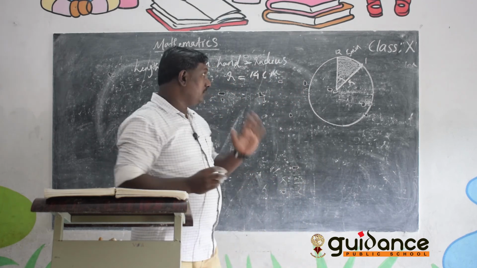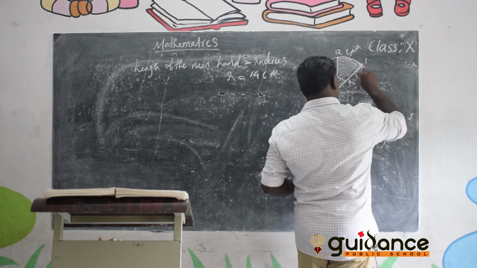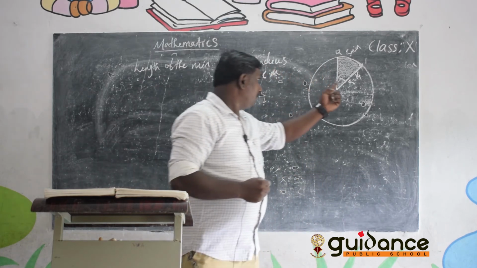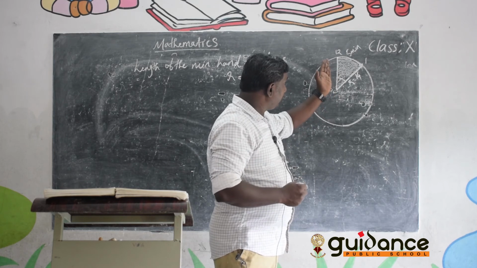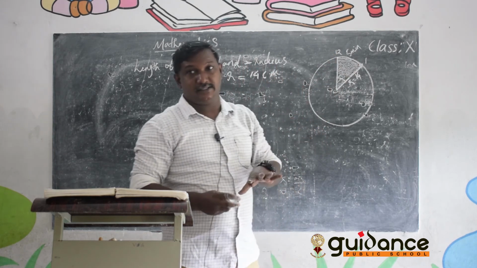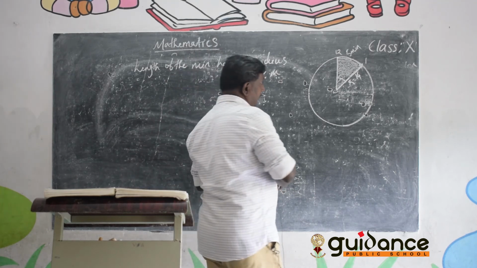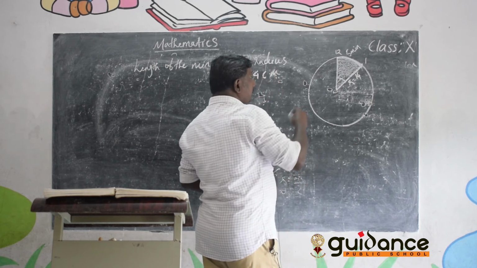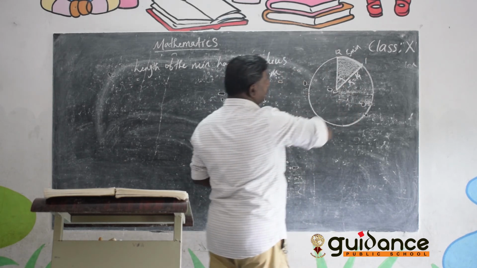We know the radius, that is 14 centimeter, by the length of the minute hand. After that they asked how much area is covered in 5 minutes.